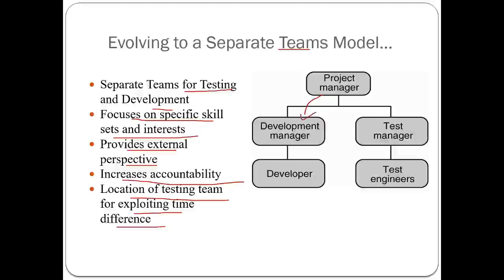There is a development manager for developers, so the developers report to the development manager, and there is a separate testing team. There is a test manager in charge, and the test engineers report to the test manager. The project manager looks after both the development and testing teams, listens to the managers, and gives guidance to all the team members.